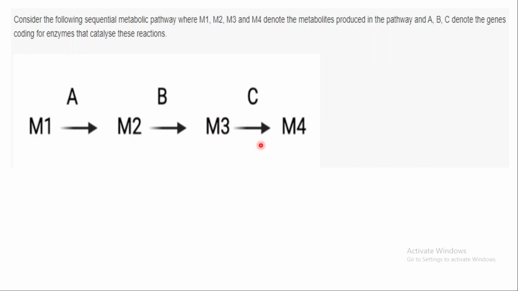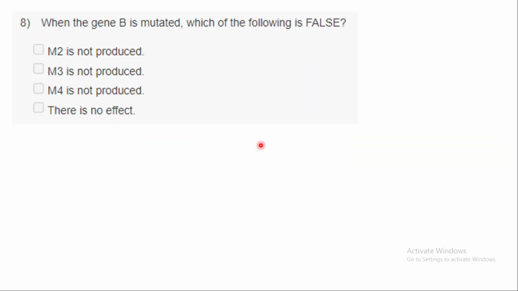Ajay is saying M2 is not produced, which is I think option A. Okay. Others, do you want to attempt this? Okay, let me reveal the correct answer for this question.